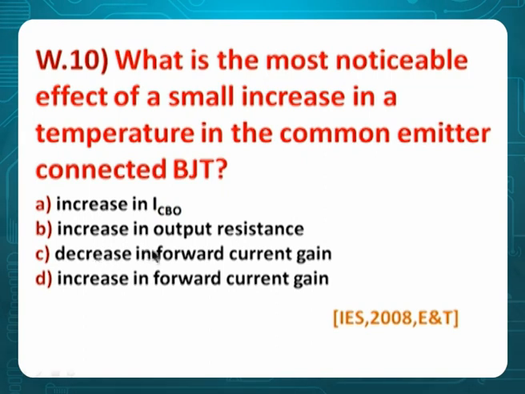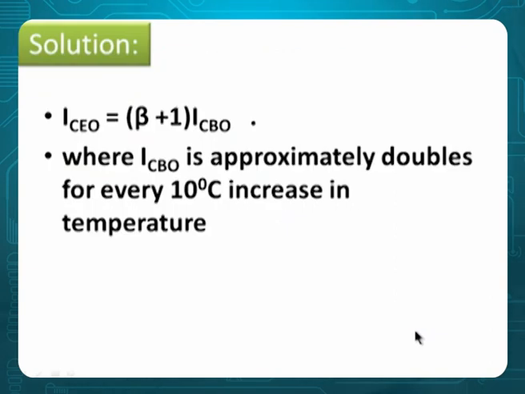Output resistance, decrease in current gain, decrease in forward gain. As you know, IC is beta times of ICO, where ICO approximately doubles for every 10 degrees centigrade rise in temperature. Therefore, the most noticeable thing that's going to happen is in ICBO or ICO.